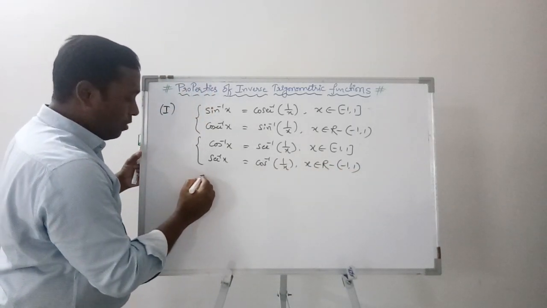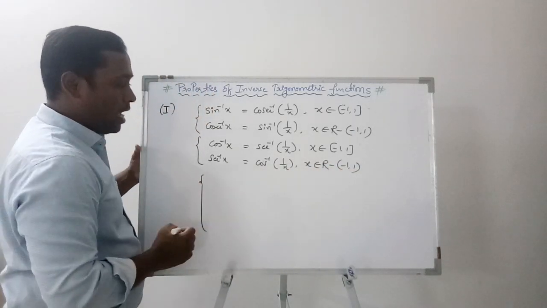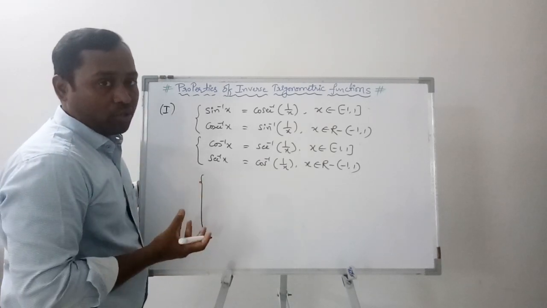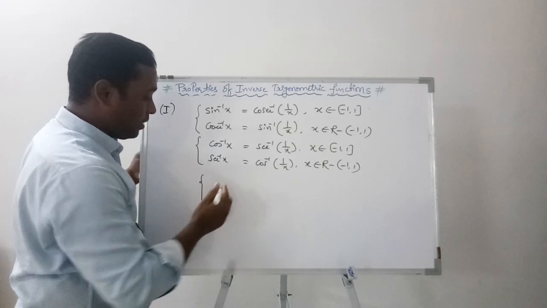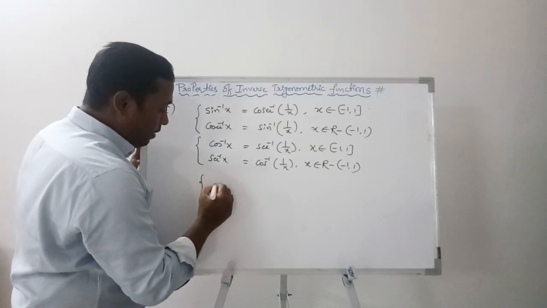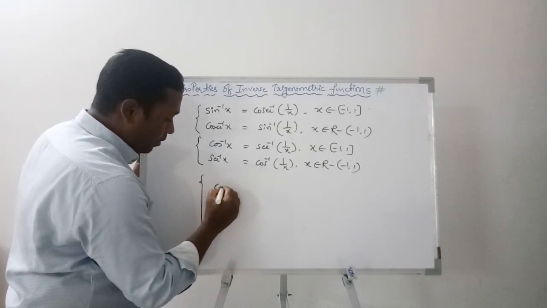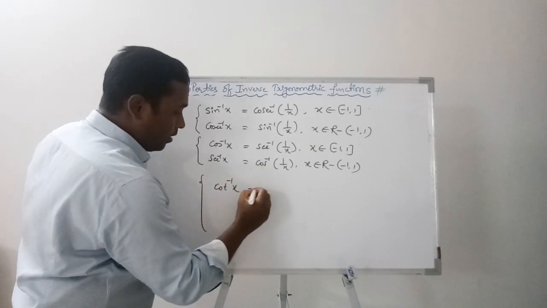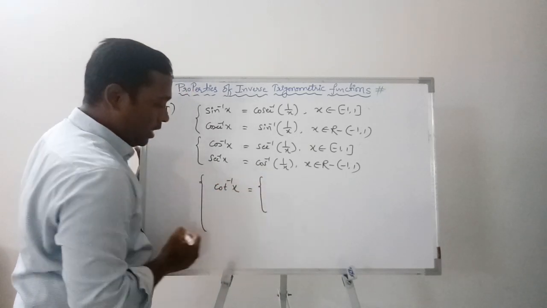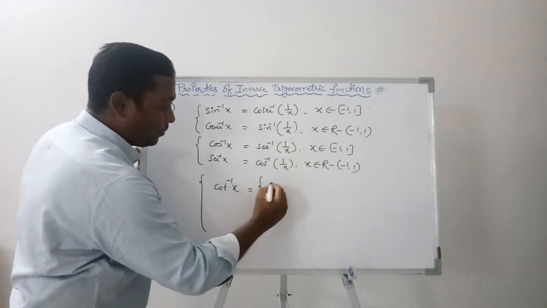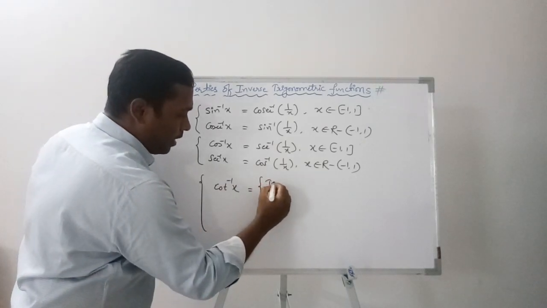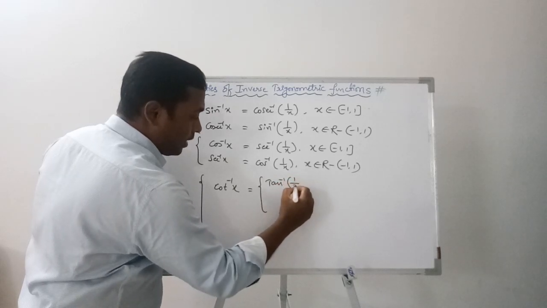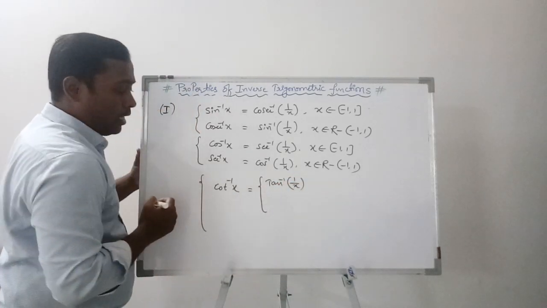But when you talk about the tan and cot relation, there are a few conditions you need to follow. More specifically, see, if I say cot inverse x, then there are two possibilities of this conversion. Cot inverse x can be written as tan inverse of 1 by x, right?